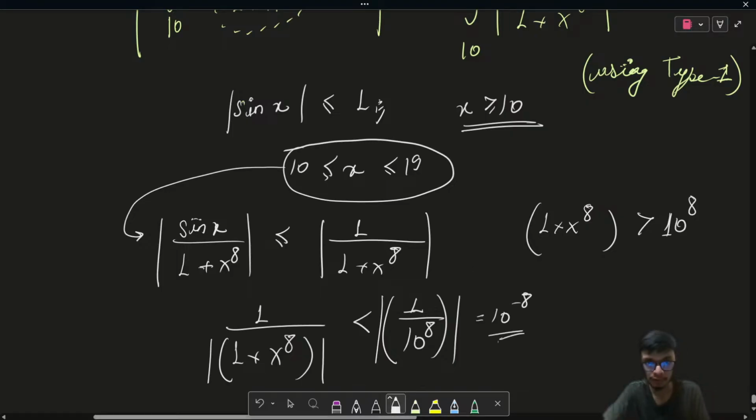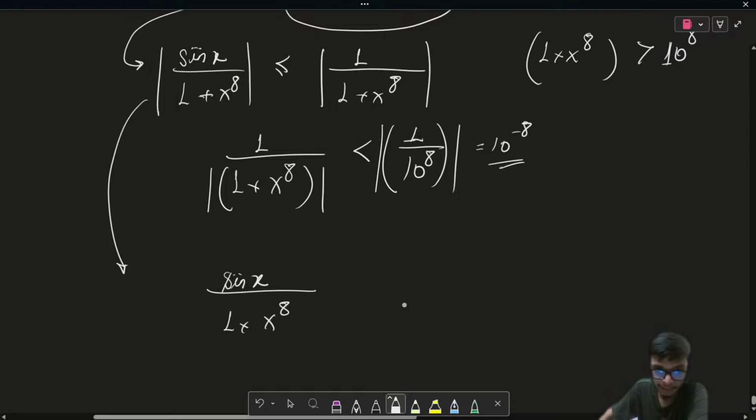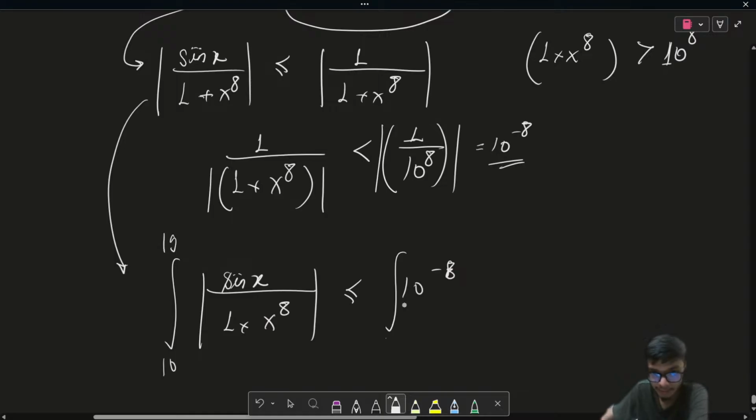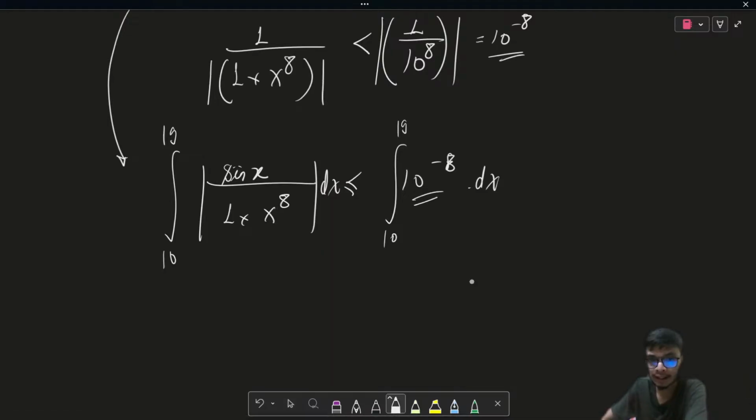So now I am able to find the bound for this function: sine x upon 1 plus x to the power 8, with mod of it, is less than or equal to 10 to the power minus 8.